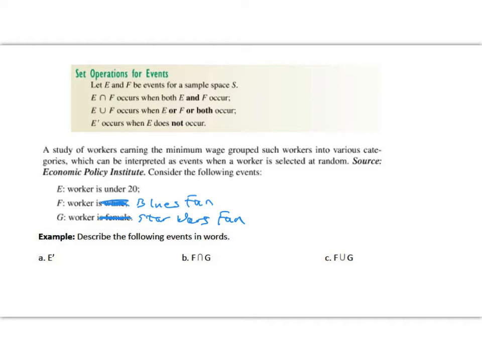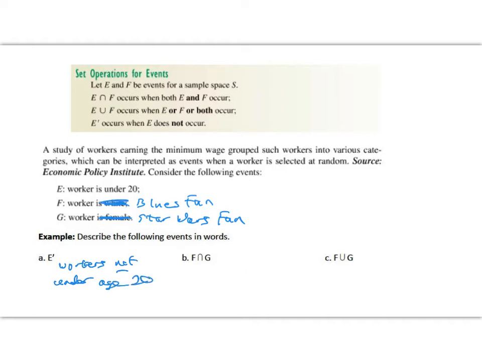Let's think about workers earning the minimum wage, and they're in various categories. Maybe they're St. Louis Blues fans. I'd like to think they would be, but you never know. And then maybe they're Star Wars fans, or not. Okay, so if I want to talk about the workers that are under 20, and then I want to talk about their complement here in Part E, because remember that means complement, I mean the workers not under age 20.